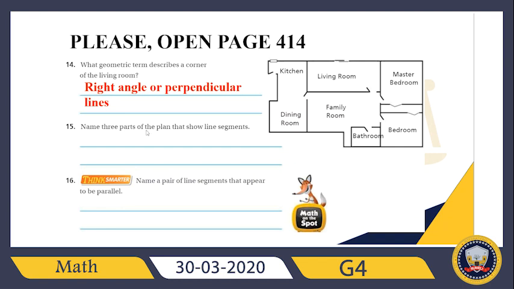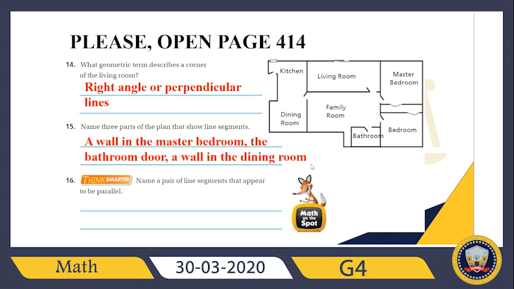Name 3 parts of the plan that show line segments. There are so many line segments here. So if you want, you can say a wall in the master bedroom. This line, and this line segment, both of them are an example for a line segment. The other one is the bedroom door.